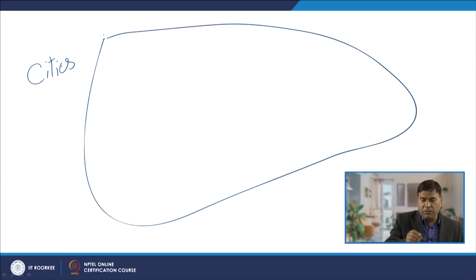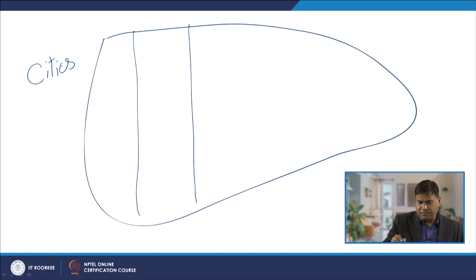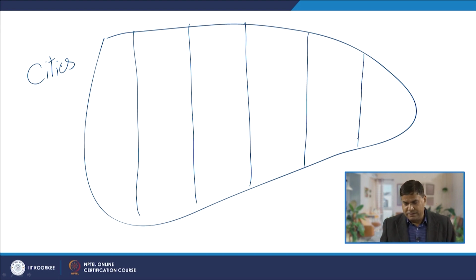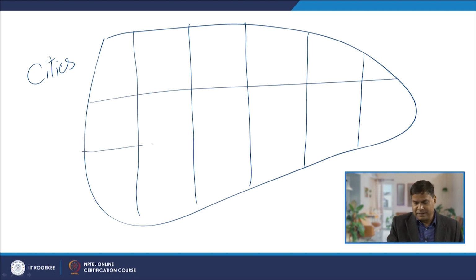We know that in cities there is an area over which the city is spread, and it has so many roads, like what we see in India, in cities like Chandigarh, Surat, etc. You will see that there are primarily 2 categories of roads, one running vertically and another horizontally.